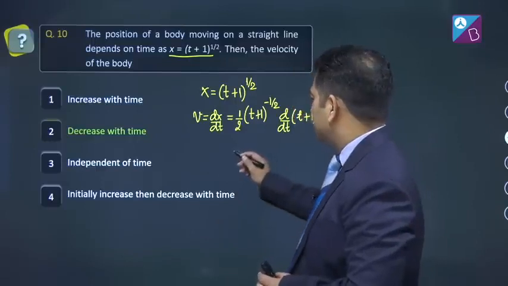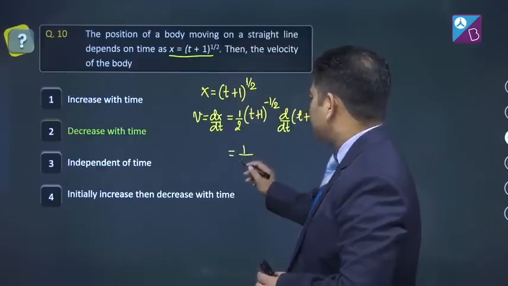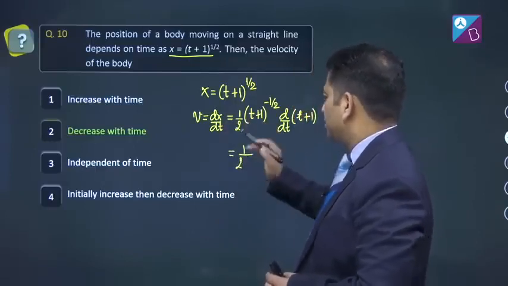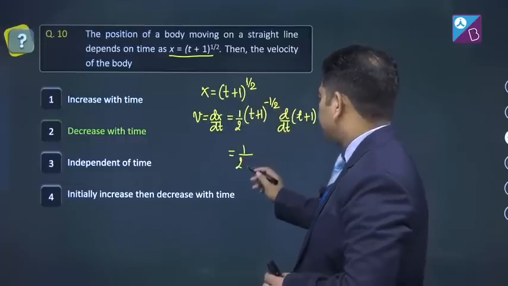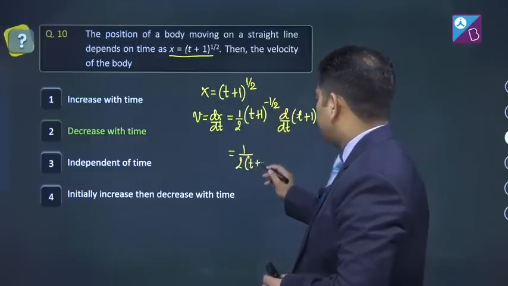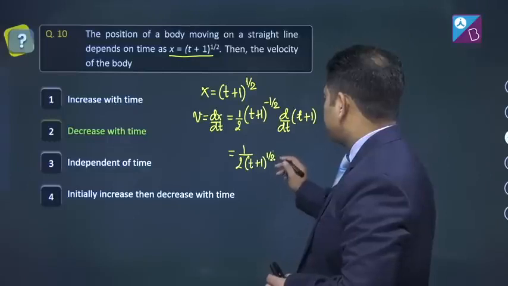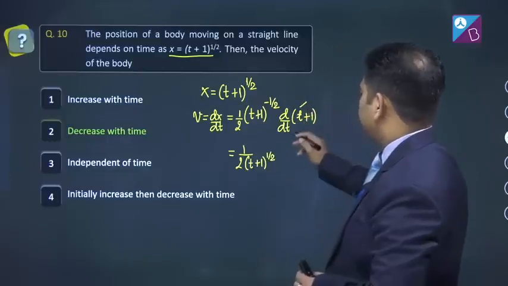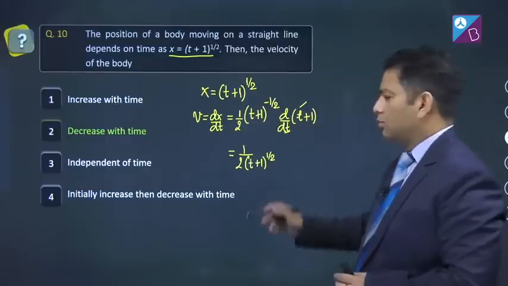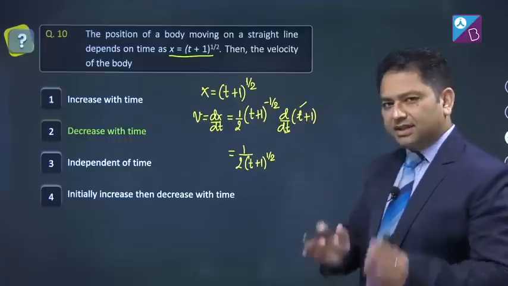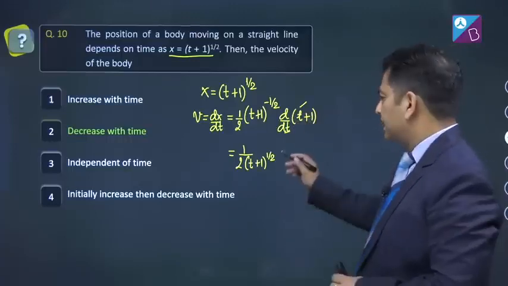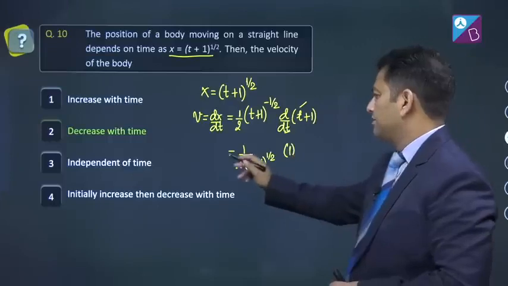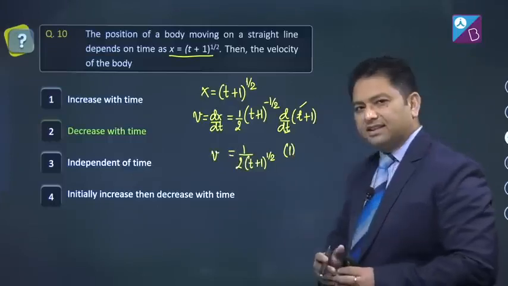Now after this, differentiation तो हो गया, (t plus 1) की power minus half का मतलब denominator में आ जाएगा (t plus 1) raised to the power half, t का derivative t के respect में 1, 1 का derivative t के respect में 0, which means the product here is simply 1. बस आपके सामने velocity है.